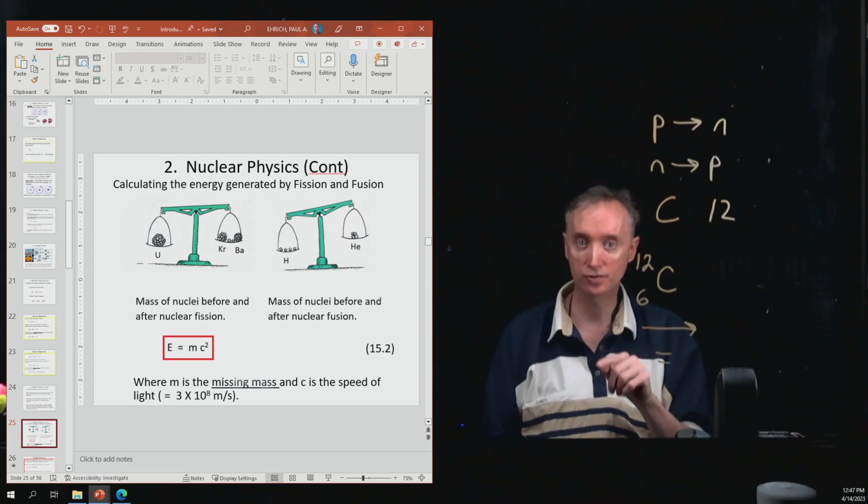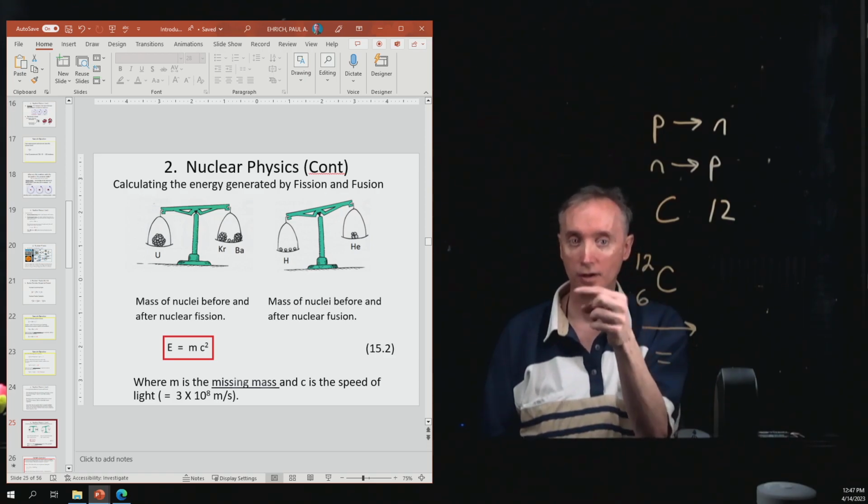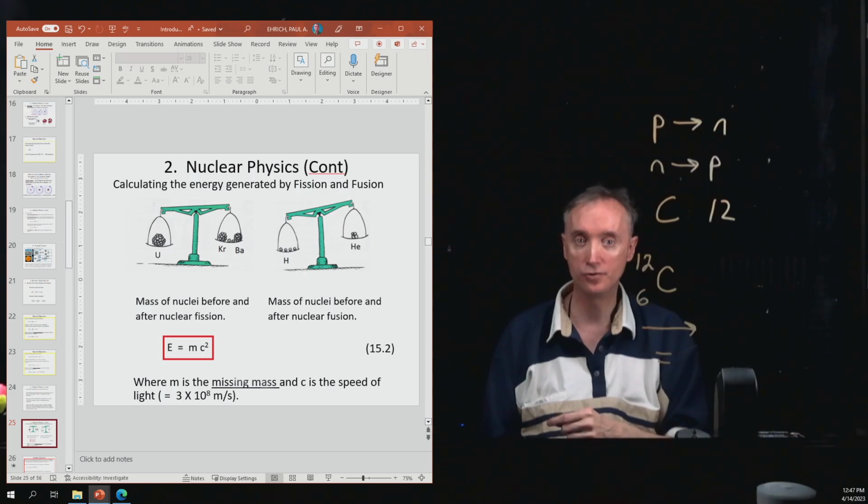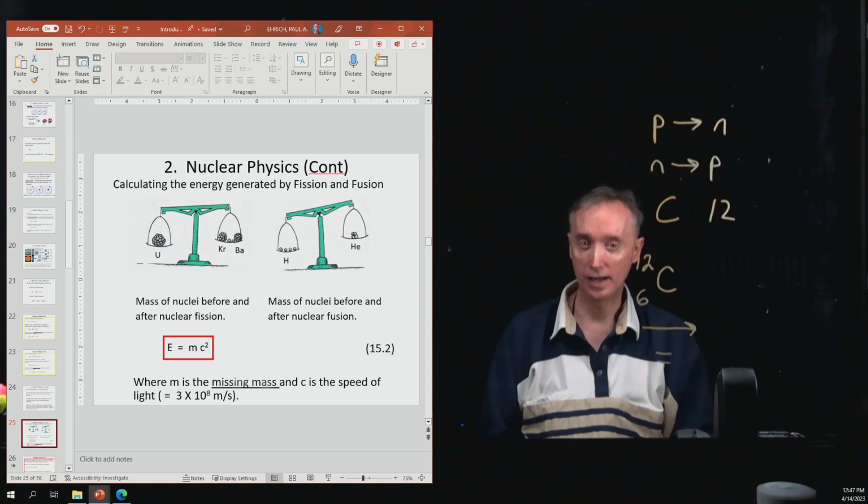And you'll notice it's true whether we're talking about nuclear fission, that's the picture on the left, or nuclear fusion, that's the picture on the right. So after the reaction, the mass is less. That missing mass is what goes into the formula.